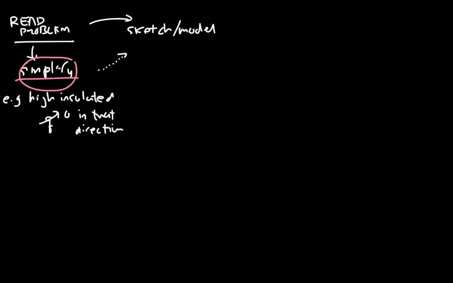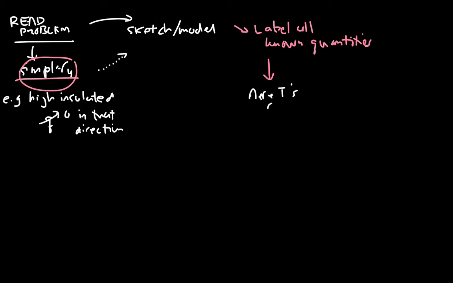After I do that, the next step I usually take is to label all known quantities. Once I have that picture, I can start to ask myself, okay, what's going on here? The question I might come to is, are the temperatures fixed? I realize this is barely legible, but what can I say?